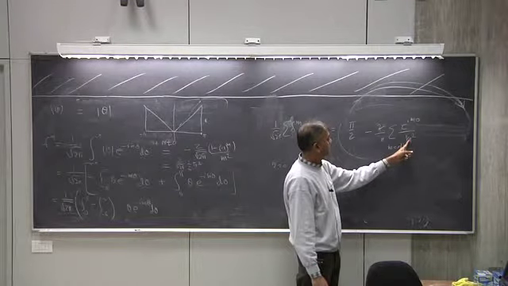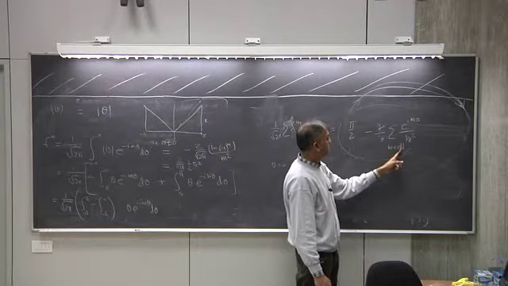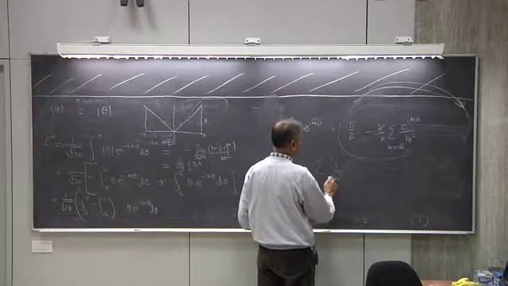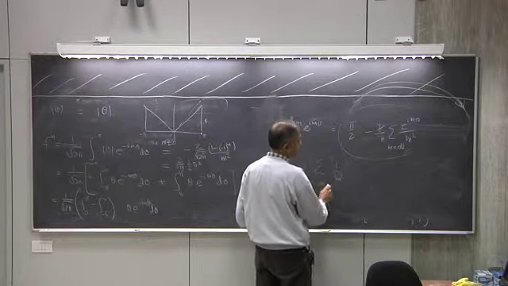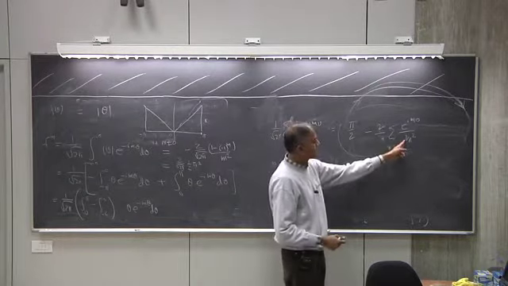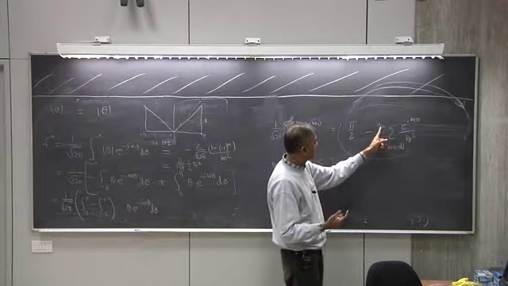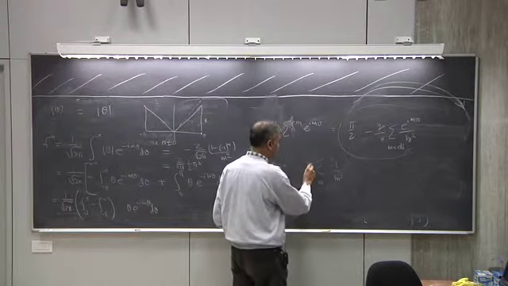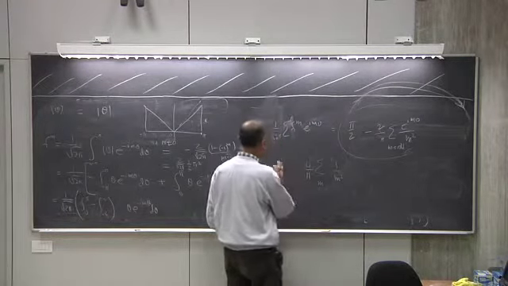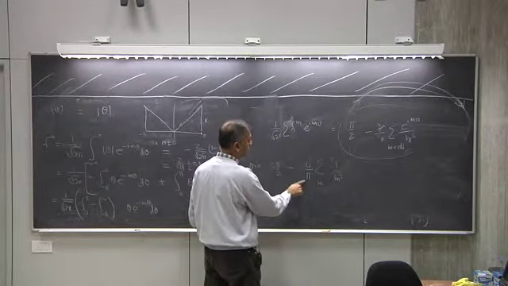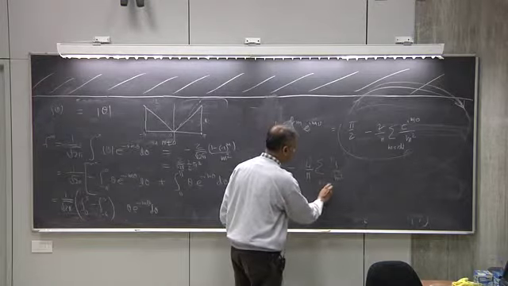So you get here the sum over 1 over m square, where m is odd. Well, m positive and negative just gives you the same factor because m square is even, right? So it will give you another factor of 2. So 4 over pi at theta equal to 0. You get here pi by 2 minus 4 by pi times the sum of 1 over m square, m greater than 0, m odd.